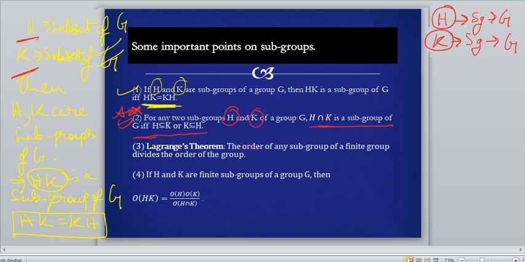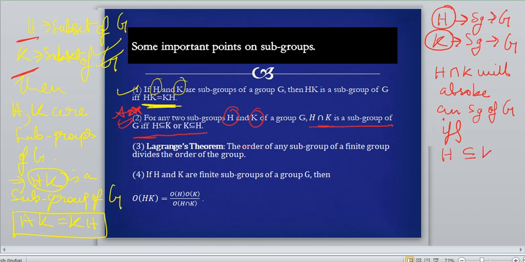If both of them are subgroups of G, then H intersection K will also be a subgroup of G, but that is of course if and only if H is a subset of K or K is a subset of H. That means if any one of them happens, both of them don't have to happen.